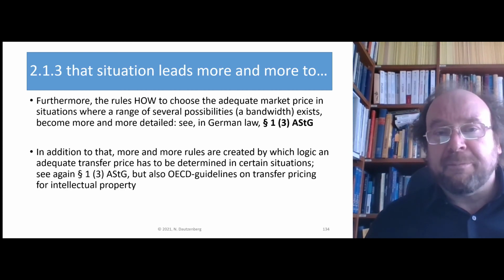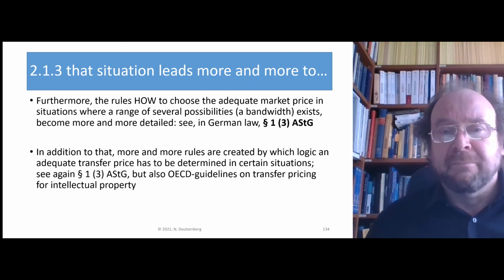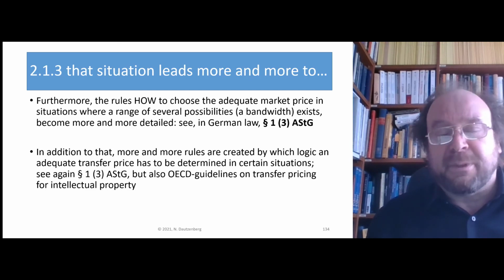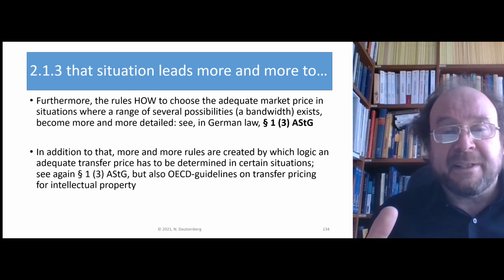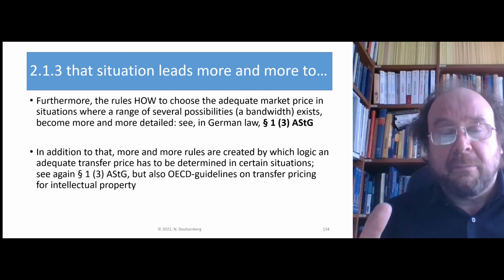Furthermore, one tries more and more to give legal standards how you have to choose within the range of possible results. Now, the problem is the range of possible results naturally depends on statistics and the data which you have available.